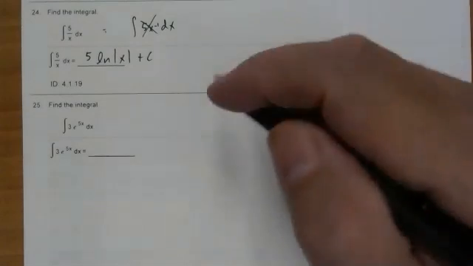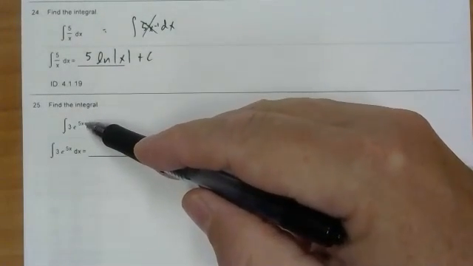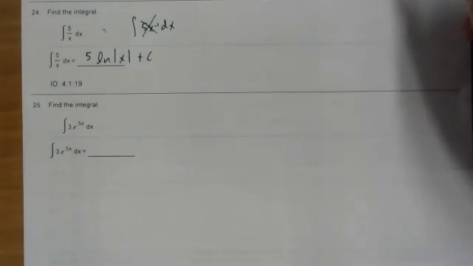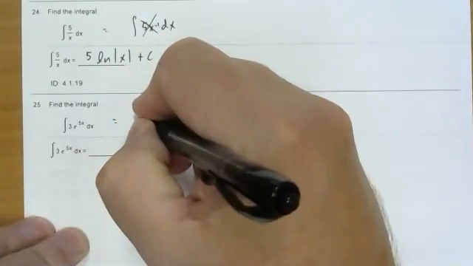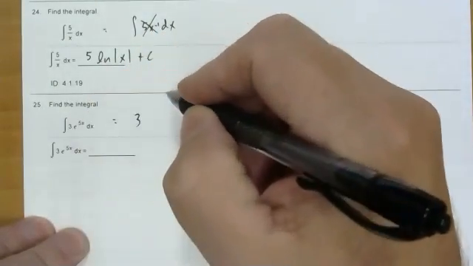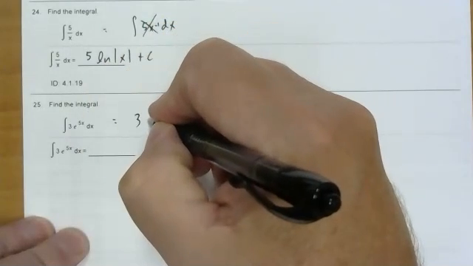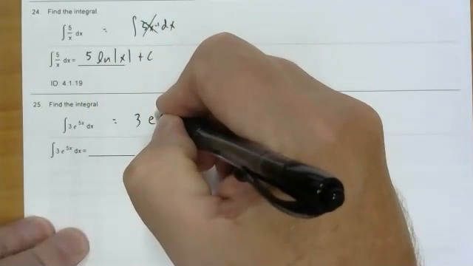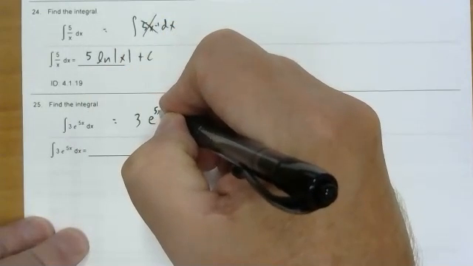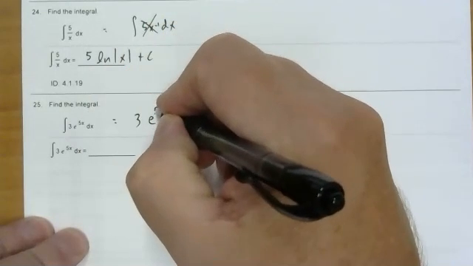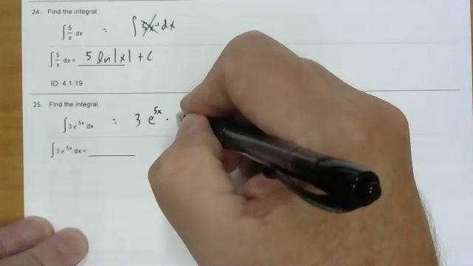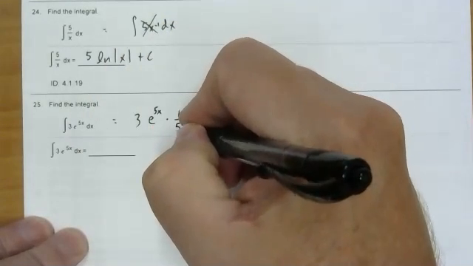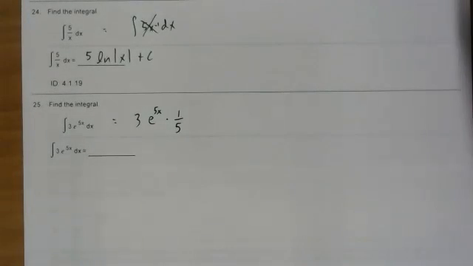Here's another one. E to the 5x, this is the natural exponential function. The rule for that is the 3 tags along. You simply rewrite the exponent, and then whatever is in front of the variable x goes in the denominator.